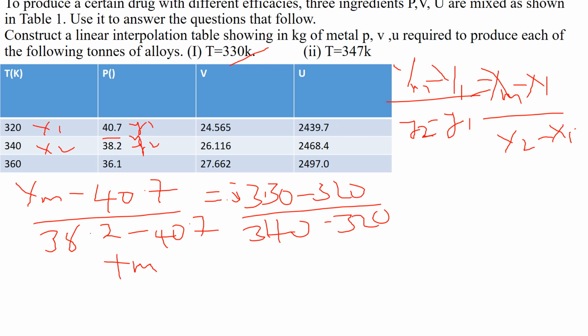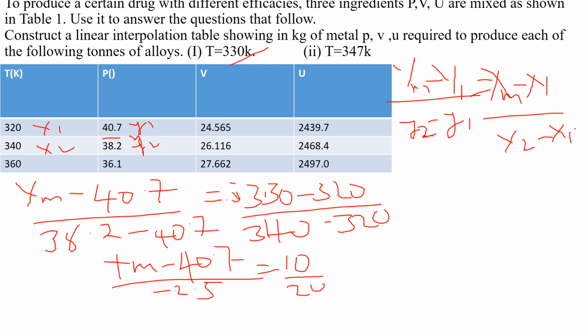So I still have ym minus 40.7 divided by, if I subtract the two, negative 2.5, is equal to 330 minus 320, which is 10. So this one is 10 out of 20.